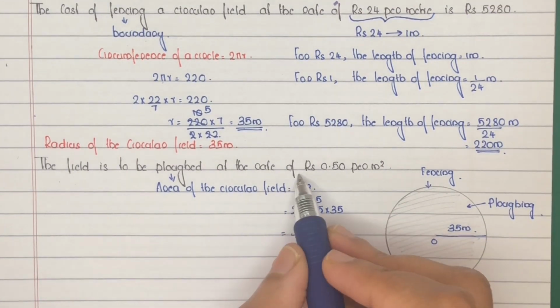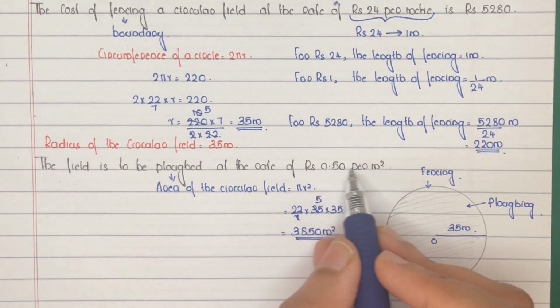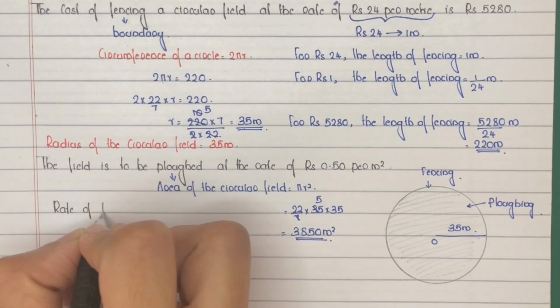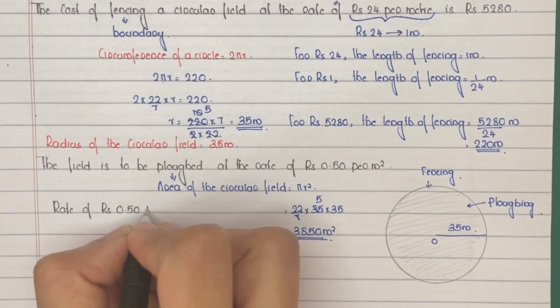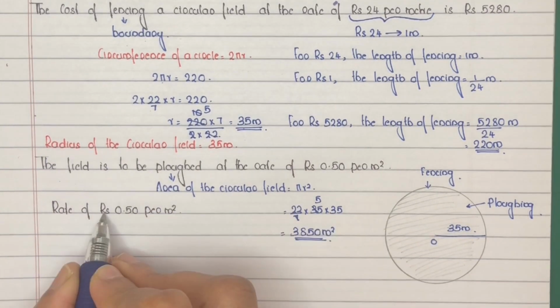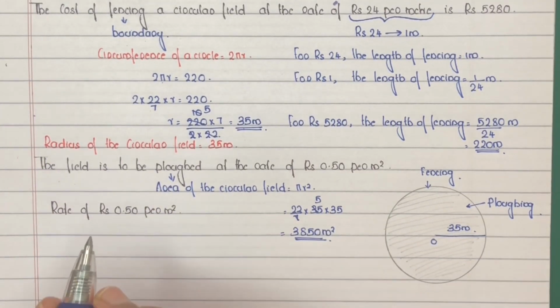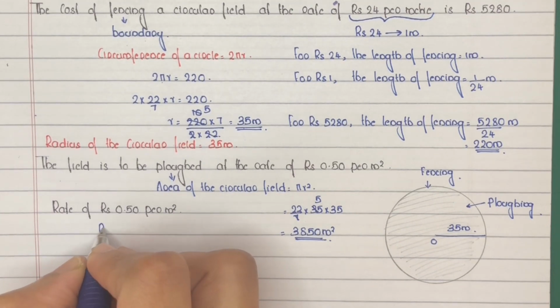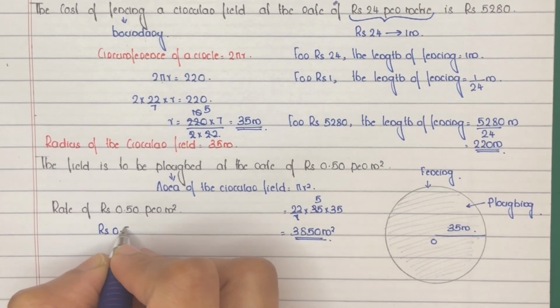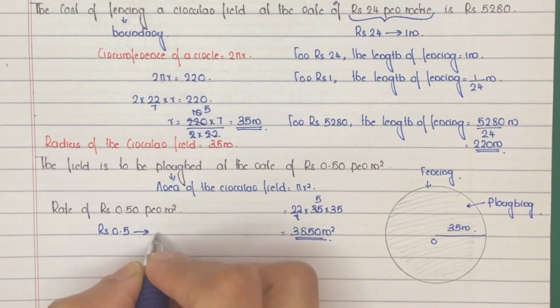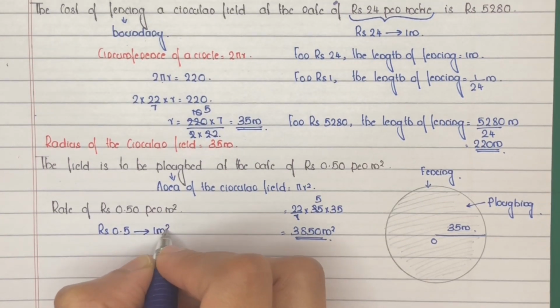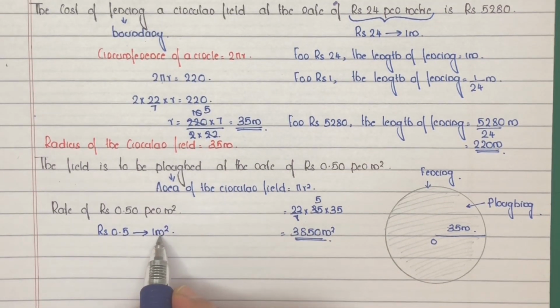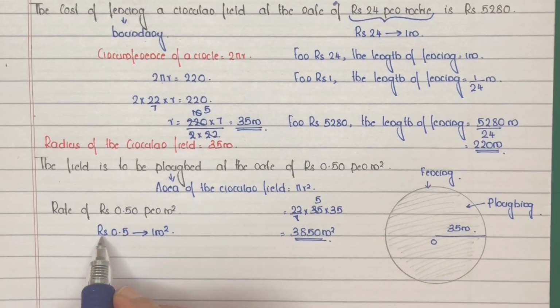And at the rate of rupees 0.50 per meter square. Rupees 0.50 is the same as 0.5. So rupees 0.5 per meter square means what? For ploughing 1 meter square area, the rate is rupees 0.5.